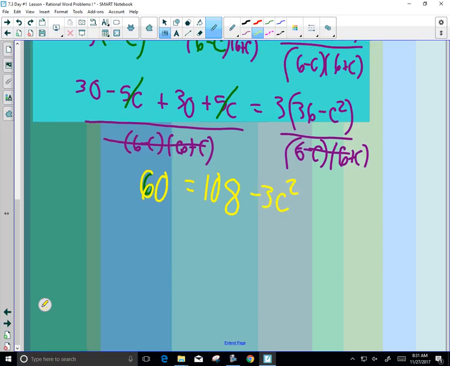So if I subtract 60, I'm going to get 48. Move the 3C squared here. You're going to get C squared equal 48. And C is just going to be the square root of 48. And that is miles per hour, I think.